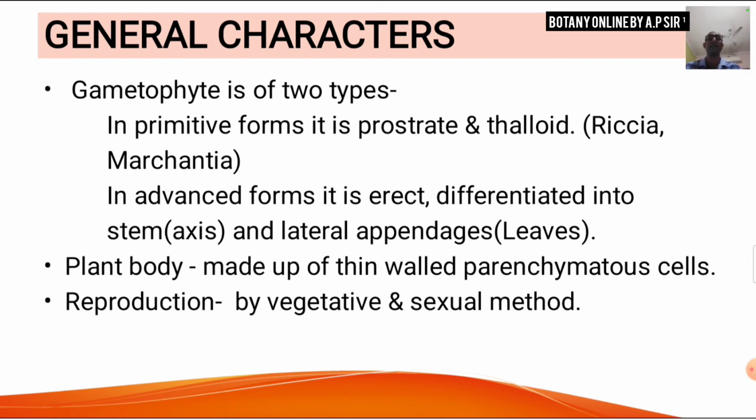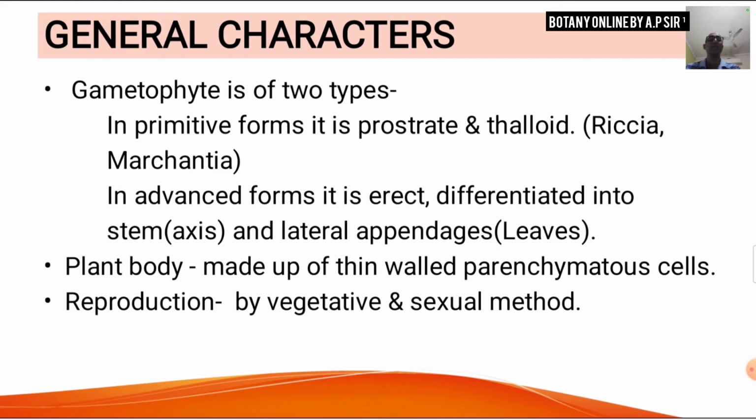Okay. Another important character is that the gametophyte that we have discussed has two types. In primitive forms, like your liverworts, Hepaticopsida, the gametophyte is prostrate and thalloid. Thalloid means thallus bearing. That means the plant body is not differentiated into roots, stems and leaves. Got it?